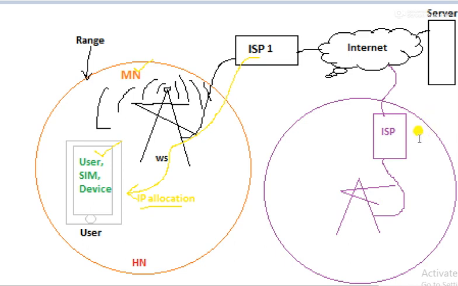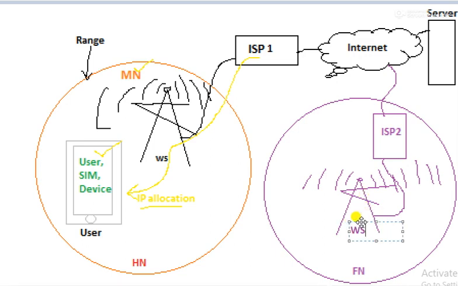This is, let's say, our second ISP, internet service provider 2. This ISP's network is considered the foreign network, and this internet service provider provides network access through this wireless station of ISP2.